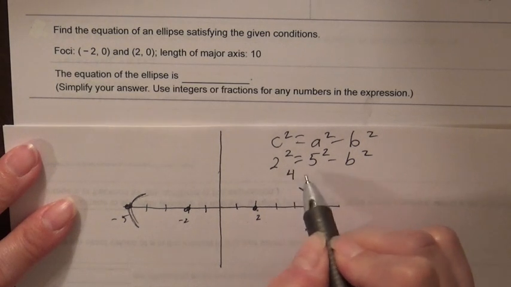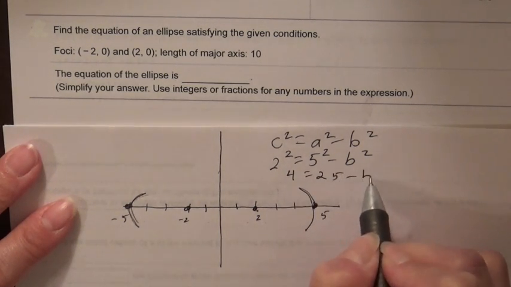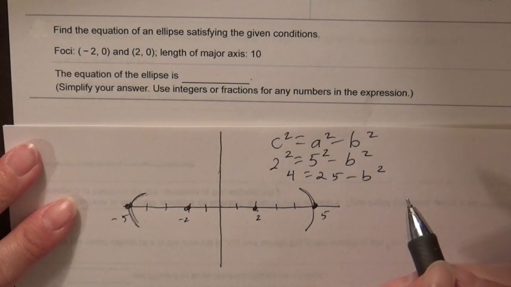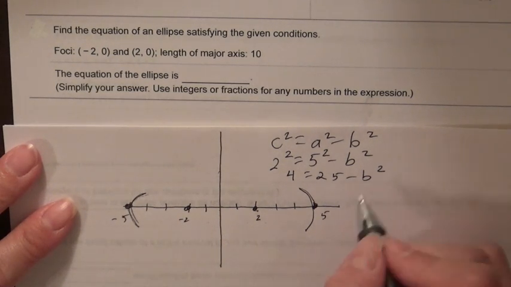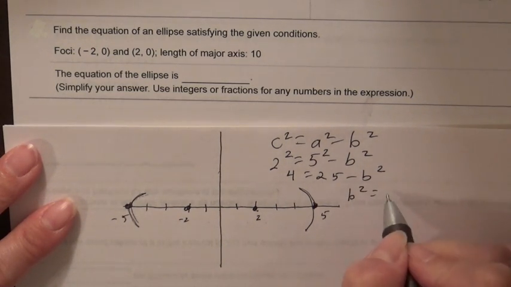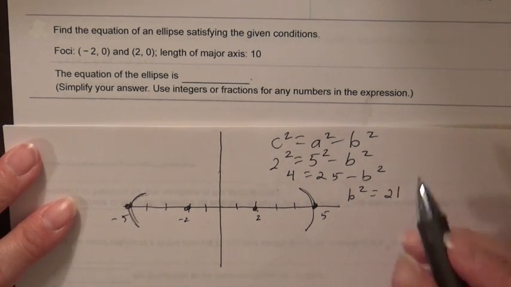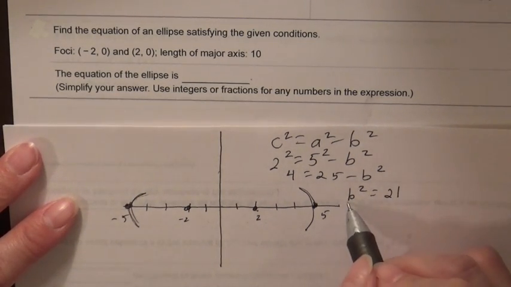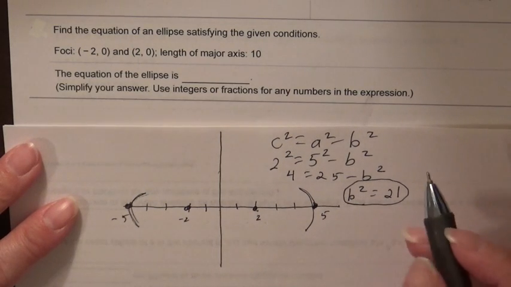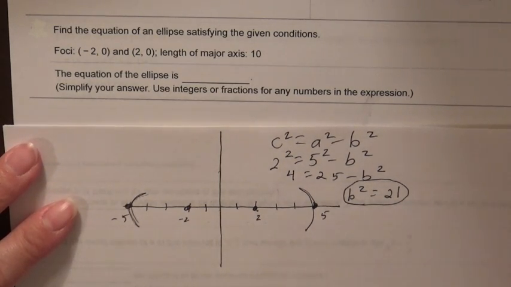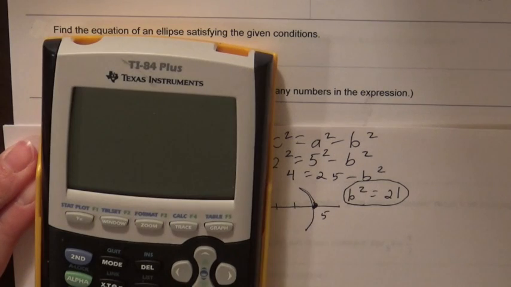So we have 4 equals 25 minus b squared. So that makes b squared equal to 21. So with that information, if b squared equals 21, you can continue. You can draw it. Square root of 21.